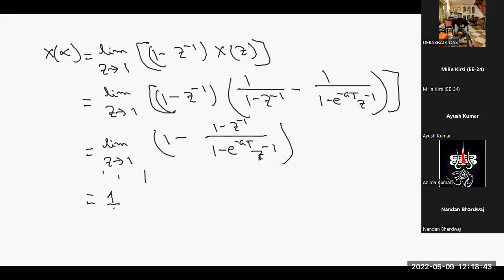So we have to write that x of t equals 1 minus e to the power minus at.